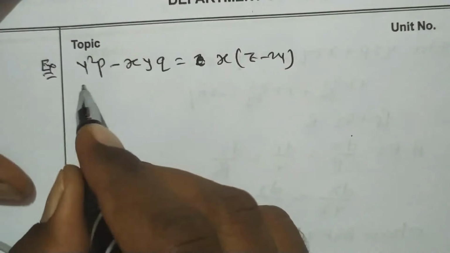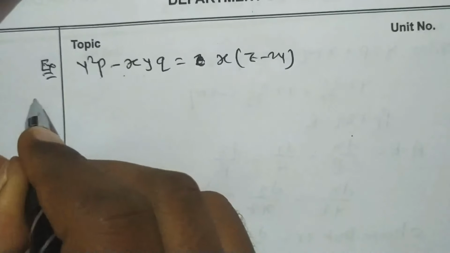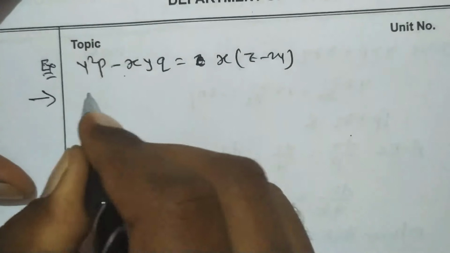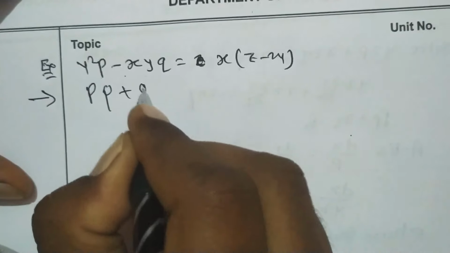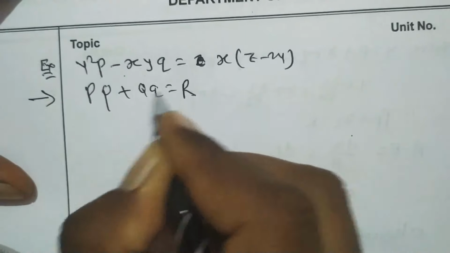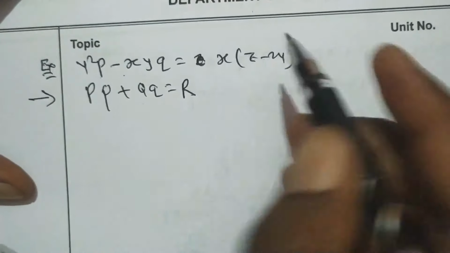So the next example is: solve y square p minus xy q is equal to x into z minus 2y. This differential equation is given in the form of P p plus Q q is equal to R, where P equals y square, Q equals minus xy, and R equals this.